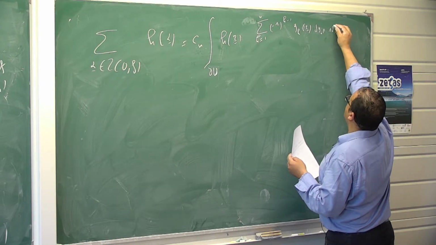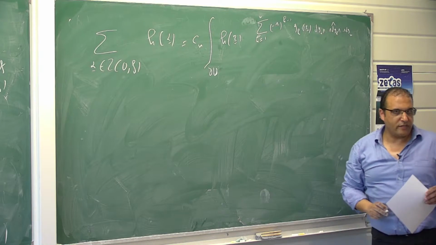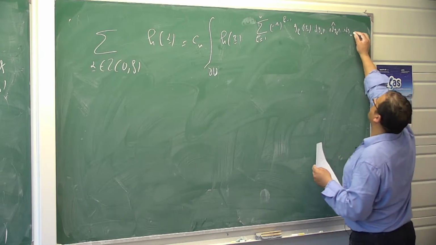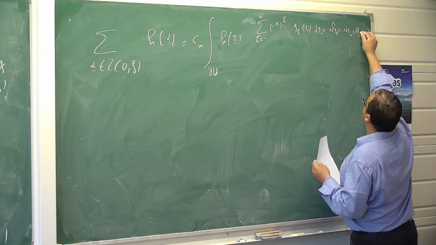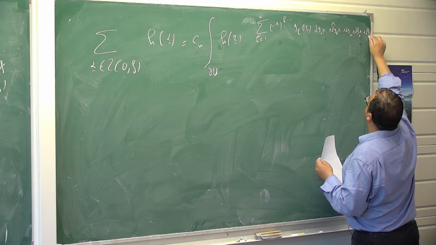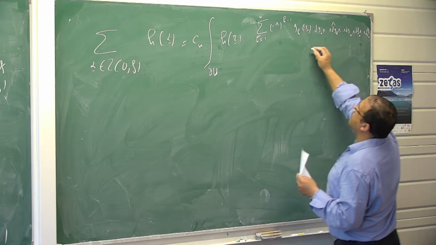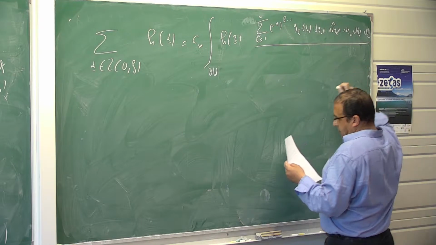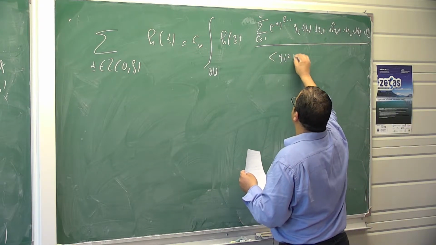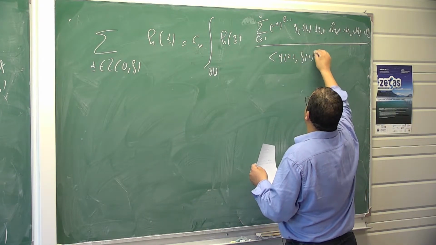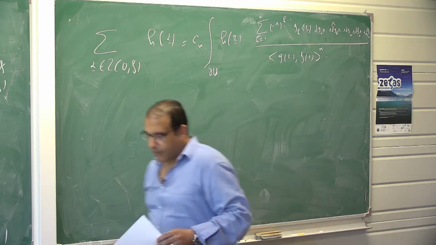So you omit this factor, and here you have df1 until dfn, divided by ⟨g(z), f(z)⟩ to the n.